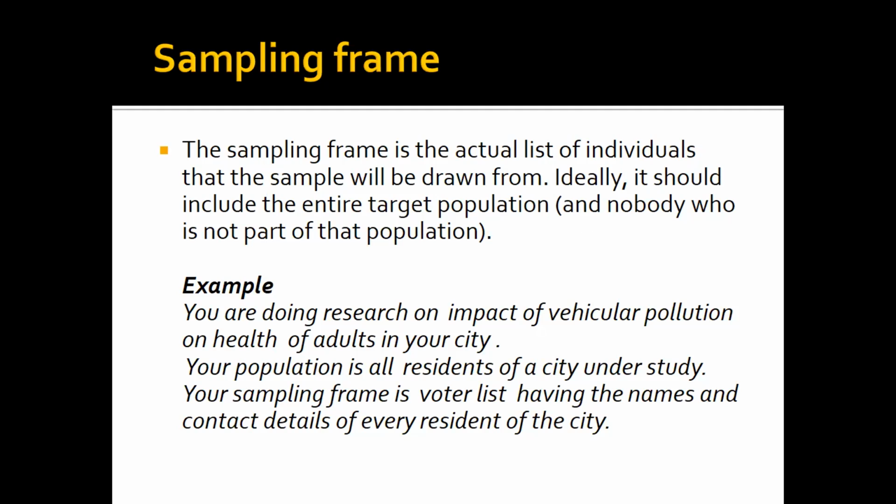Ma'am, excuse me, ma'am, one doubt I'm getting. Suppose the whole list of NTPC employees is not my population. My population will be the list of officers, and that is also my sampling frame. Ideally, sampling frame and population should be the same, but many times it doesn't happen.